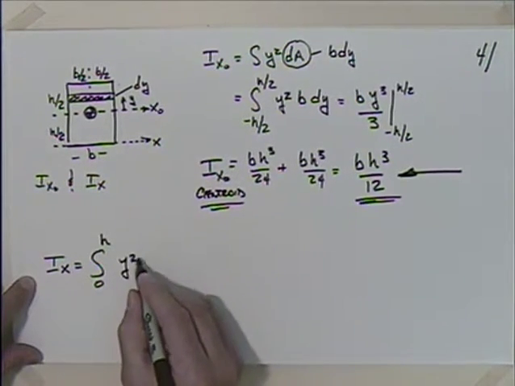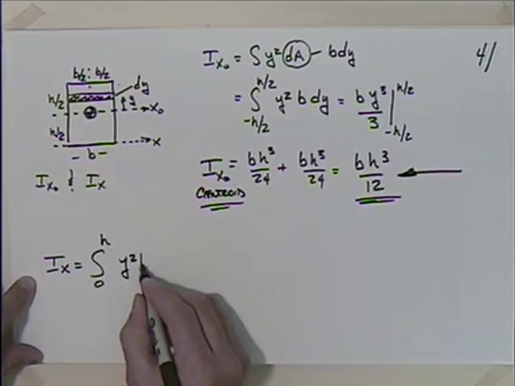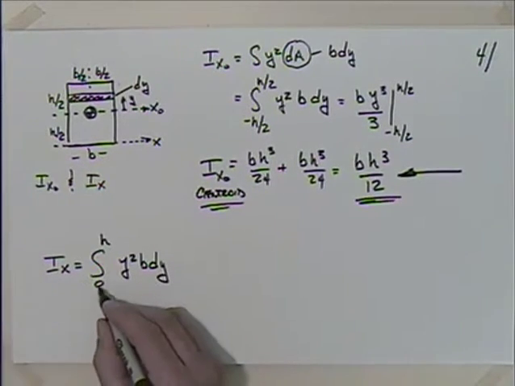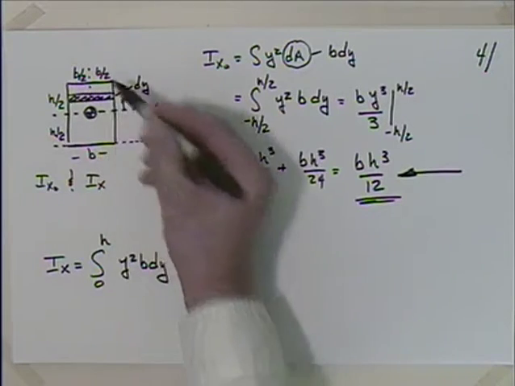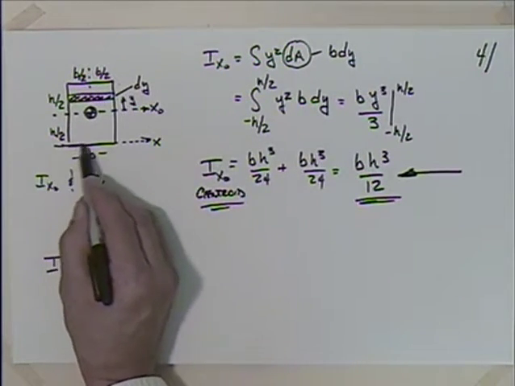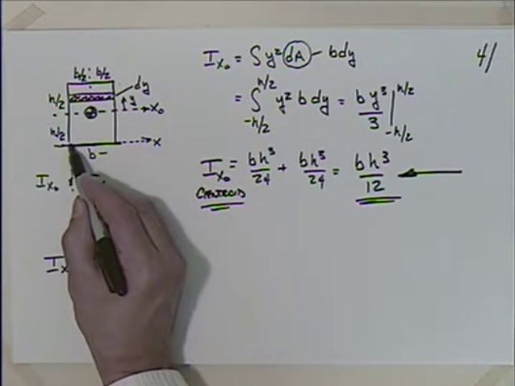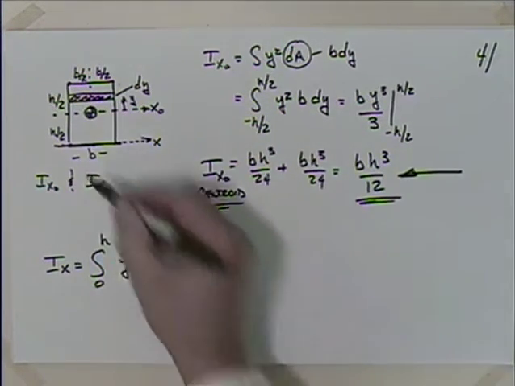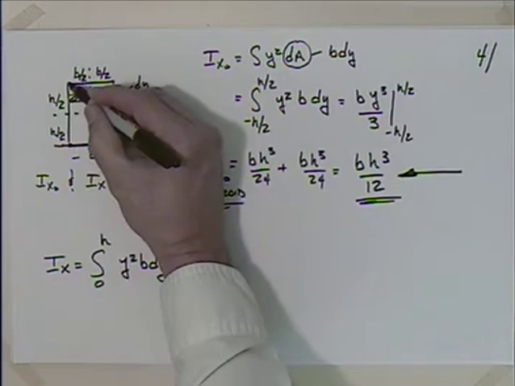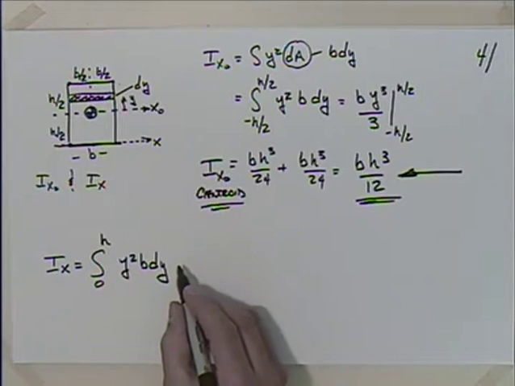So this is y squared times b times dy, but this time instead of going from minus h over 2 to h over 2, I'm doing it about this axis, so I'm going from y is equal to 0 here, up to y is equal to h.